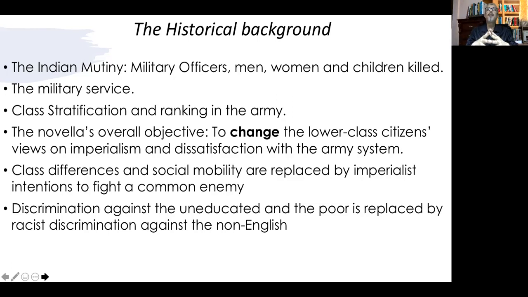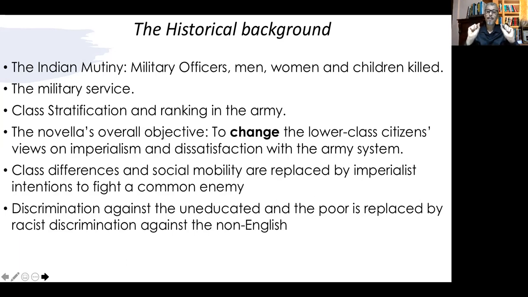Second, the major argument of the lower class people was that there were issues at stake in English society. Why didn't the English government solve the problems of class stratification and many other issues in society, instead of just going and colonizing another country?